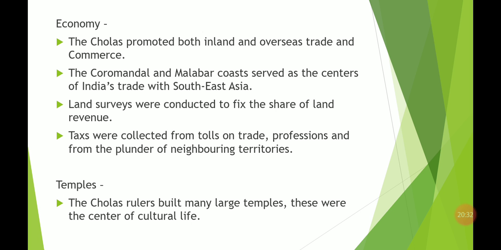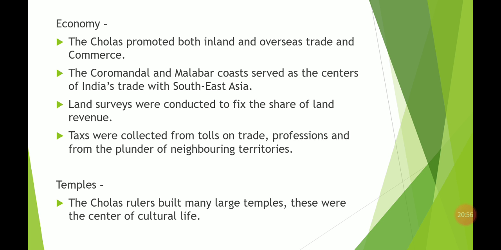Now, economic. What is the basic source of income of the Chola empire? They promoted inland and overseas trade. Basically, inland and overseas means the neighboring kingdoms as well as neighboring countries.